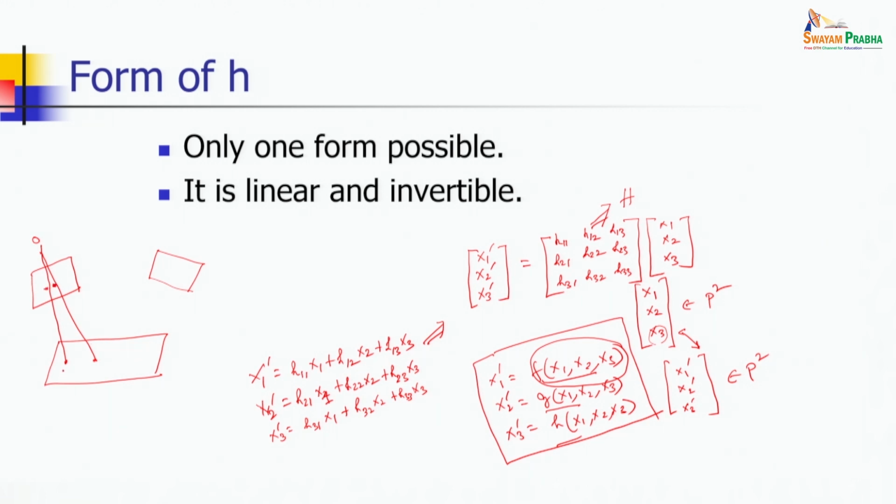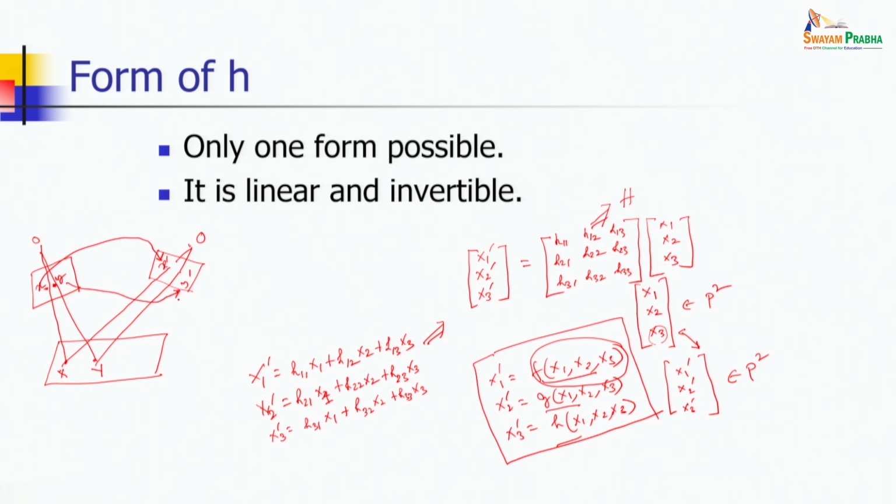Say this is point x, and say this is point y. Similarly, this is another camera where you have these projections, x prime and y prime. So x is mapped to x prime, y is mapped to y prime.